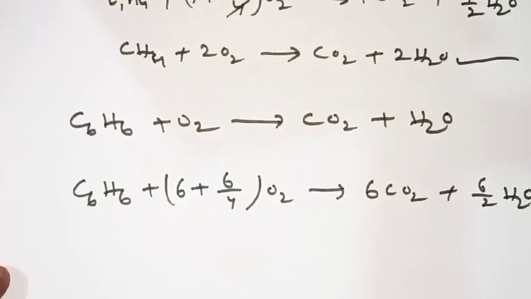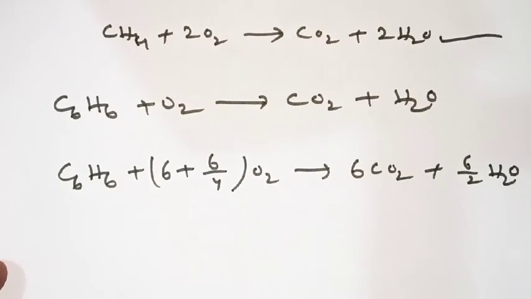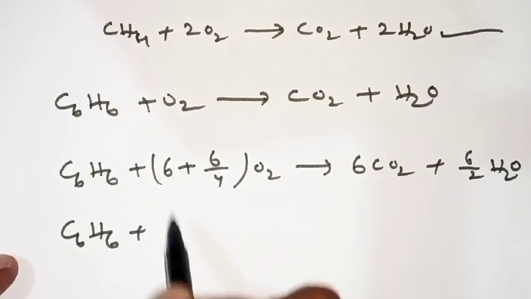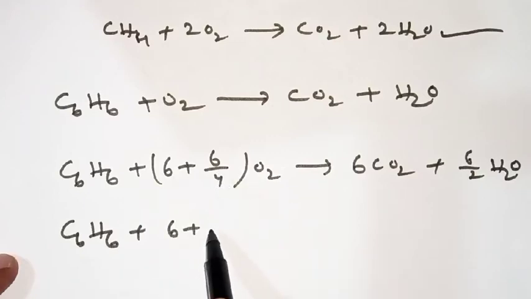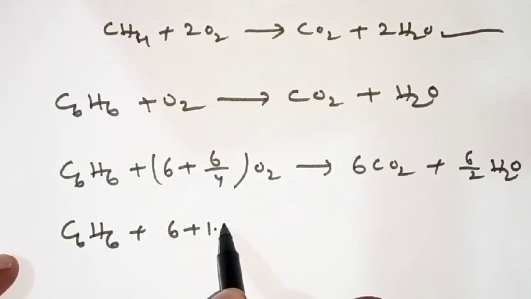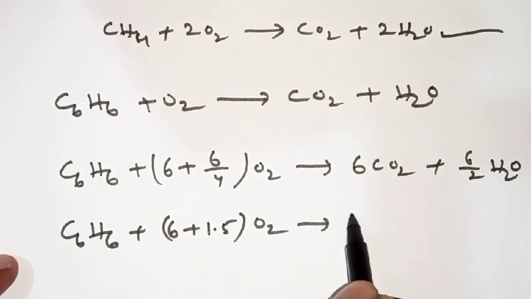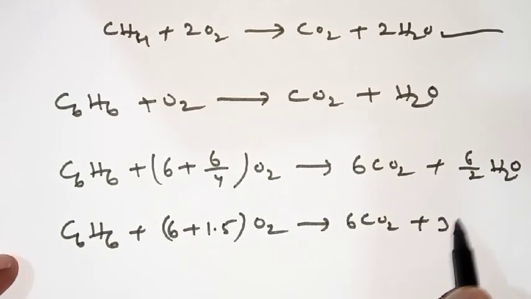Is it clear? So keep in mind that balancing equation. C6H6 plus 6 plus, if you simplify, what do you get here? 6 by 4 is 1.5. O2 gives 6 CO2 plus 3 H2O.